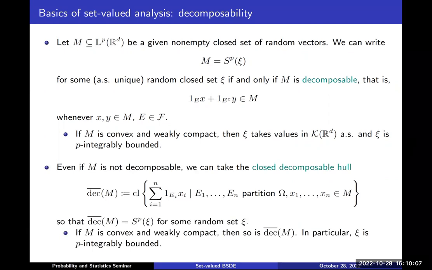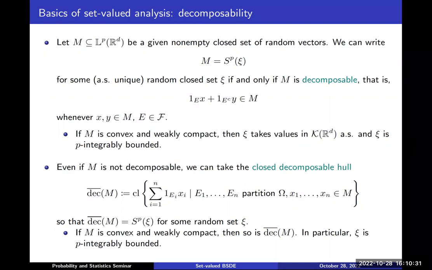If you start with a set which is not decomposable from the beginning, you can always take a decomposable hull of it, which is the smallest decomposable set covering it. So that's the decomposable hull. Basically, just a collection of all decomposable combinations, finite decomposable combinations. You paste them on a partition.